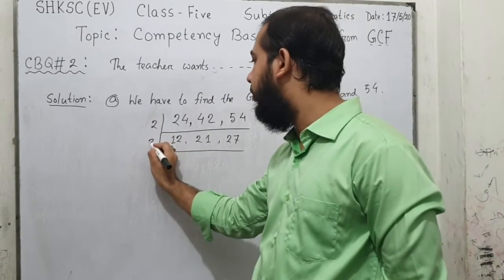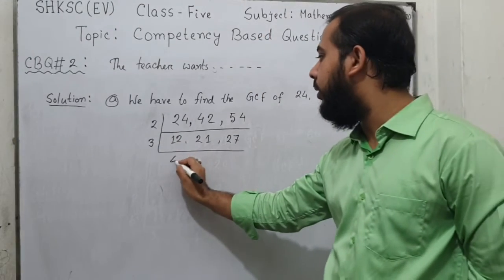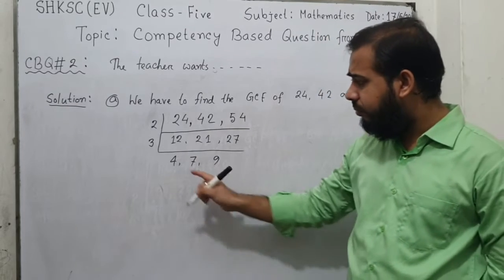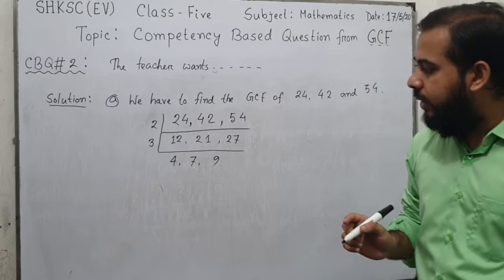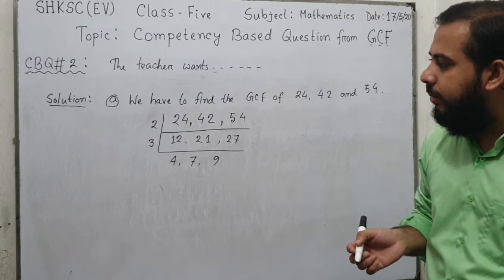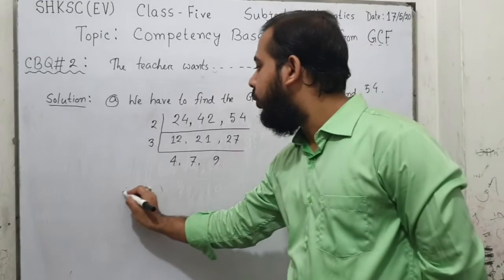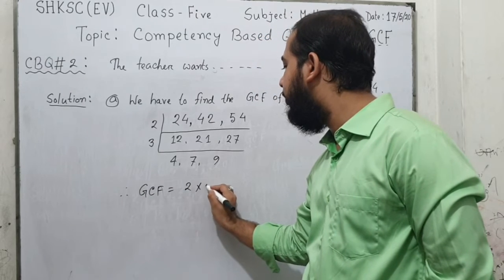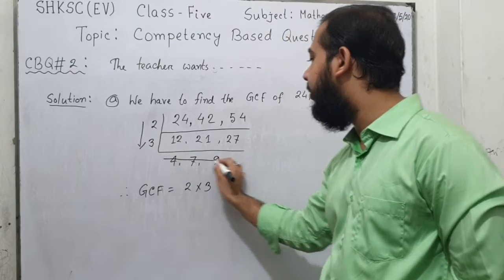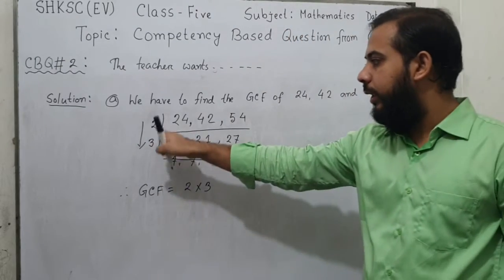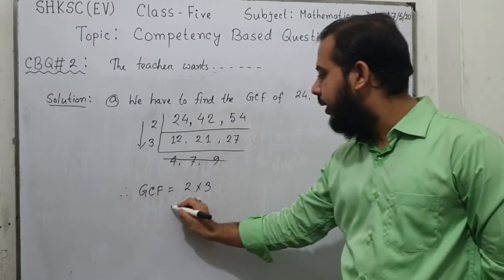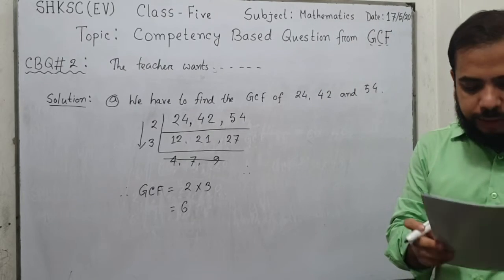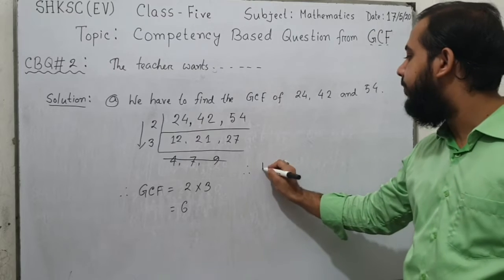So we now divide by 3: 3 4s are 12, 3 7s are 21, 3 9s are 27. Now the numbers are not divisible by any other number, so the GCF will be 2 times 3, only these two side numbers, not the bottom line. 2 times 3 is 6. So we finally write the maximum number of students will be 6.